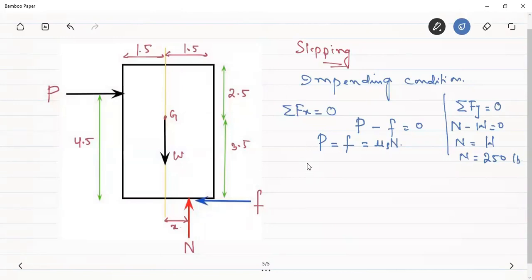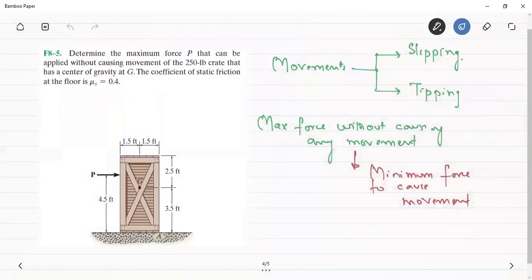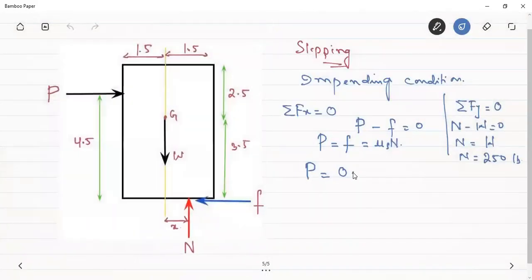So from here, we can say that P will be equal to mu S, which I think was given as 0.4, multiplied by this 250 pound force. From here, P comes out to be 100 pounds.